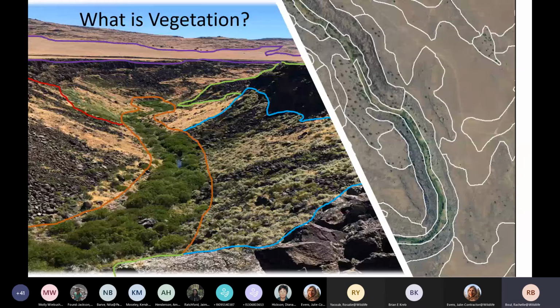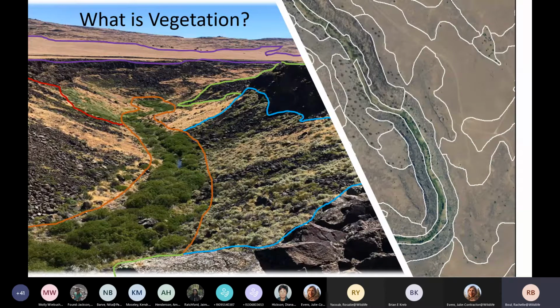All right, so now that we know the general region and scope and who we're working with here, I want to step back for a few minutes and just talk about what vegetation is, if you don't already. Vegetation communities are groups of species that tend to co-occur and repeat across the landscape.